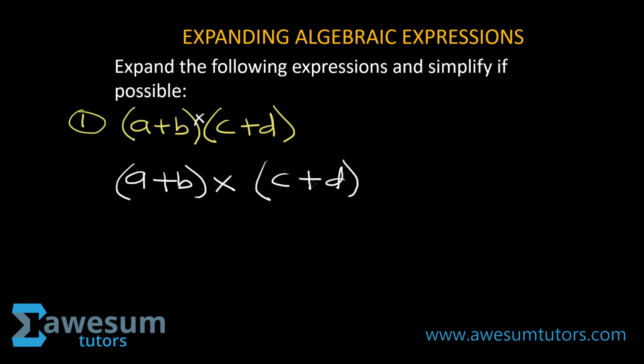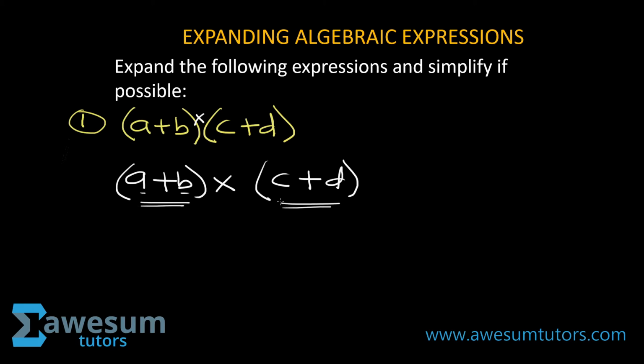Okay, now for you to be able to expand this algebraic expression, what you need to do is that each of the terms in the first bracket multiplies the terms in the second bracket.